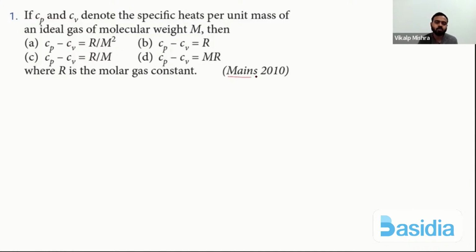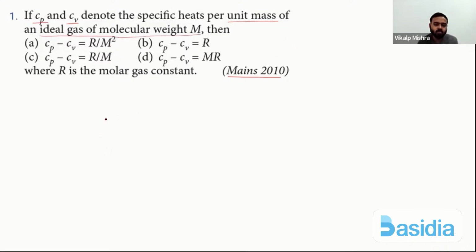Now we will solve this problem which was asked in Mains 2010. What is given? Small cp and small cv denote the specific heats per unit mass of an ideal gas of molecular weight m.